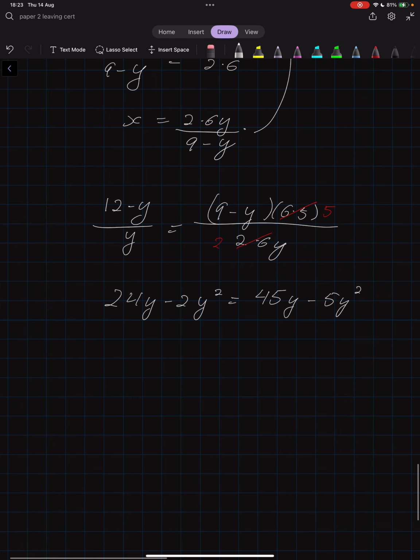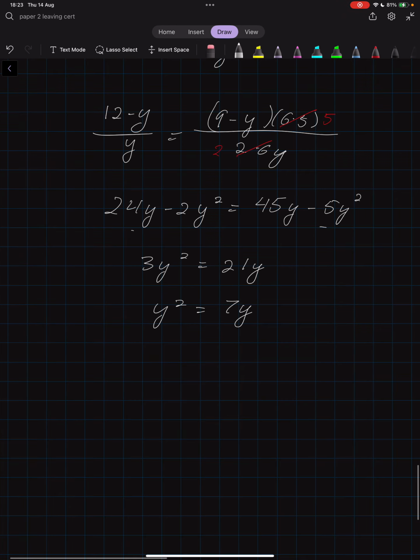So I can divide across by y. Okay, no, I'll solve this properly. Sorry, 1 second. So I'll bring this to the left and this to the right. So I'm going to get 3y squared is equal to 21y. So y squared is equal to 7y.